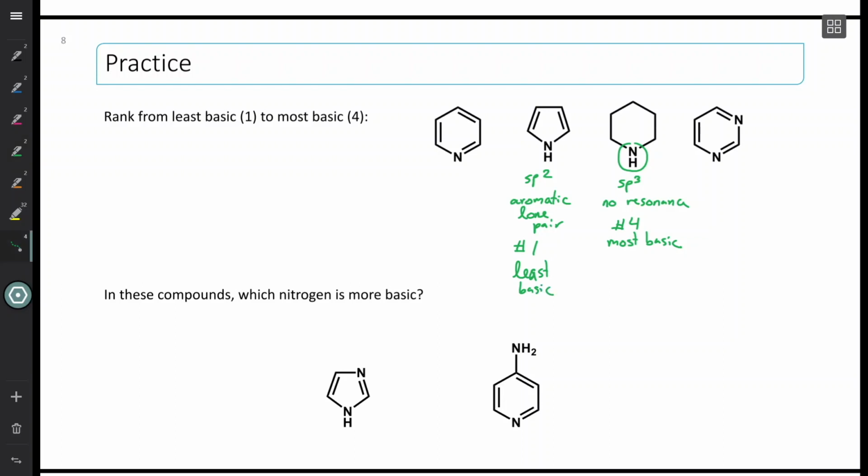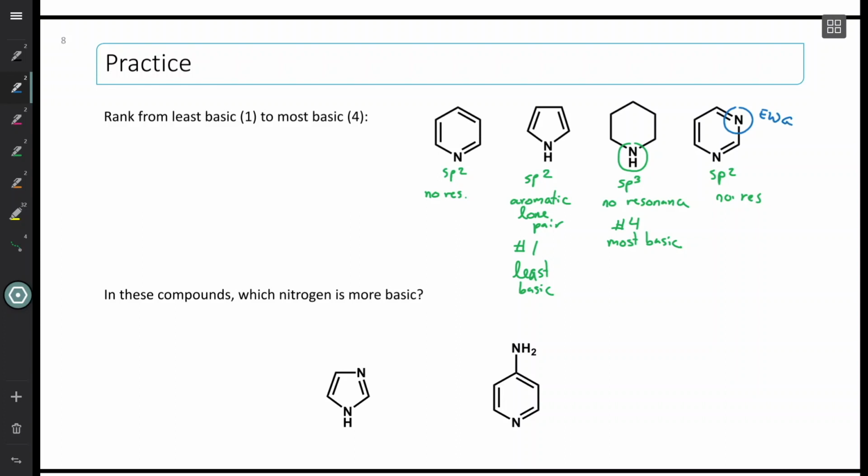Now we have to compare pyridine, an okay base, with a pyridine with another nitrogen in the ring. We are both sp2, and there's no resonance in either. But this nitrogen is an electron withdrawing group.